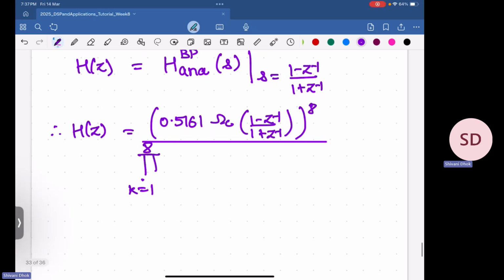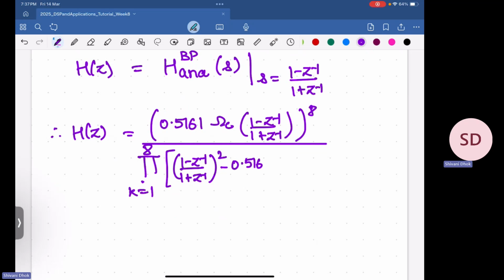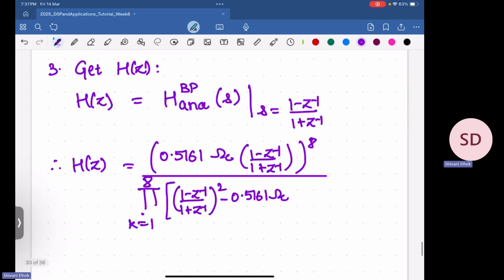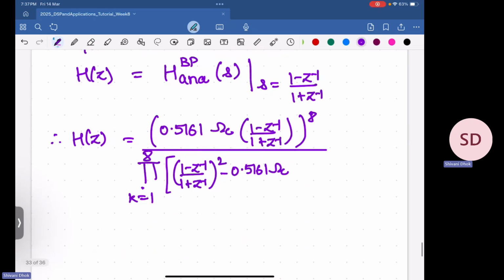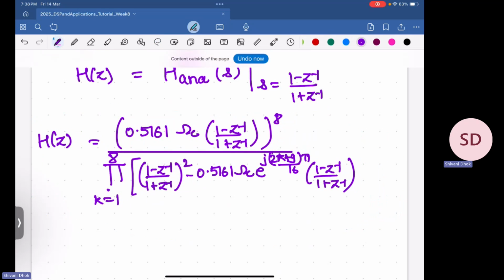Then we have S square, so that will be 1 minus Z inverse upon 1 plus Z inverse whole square, minus 0.5161 omega c into e power j 2k plus 9 pi by 16 into 1 minus z inverse upon 1 plus z inverse, plus 1.6783.